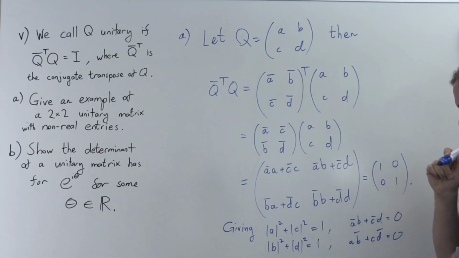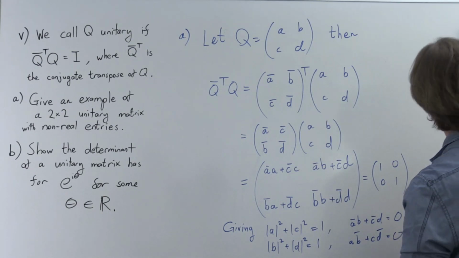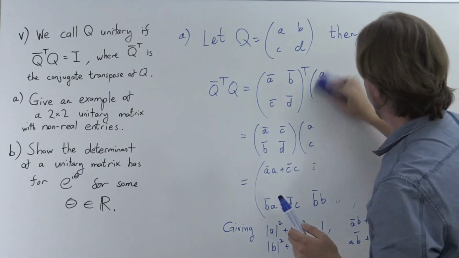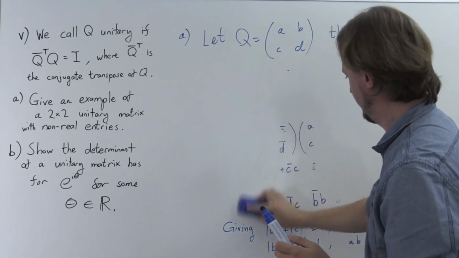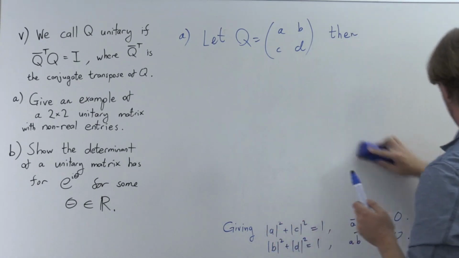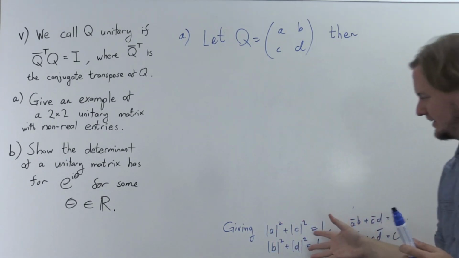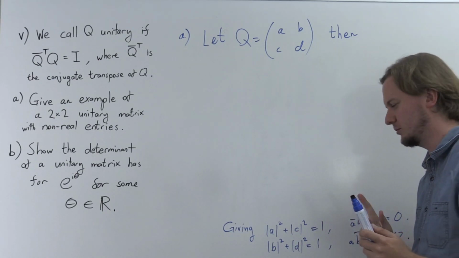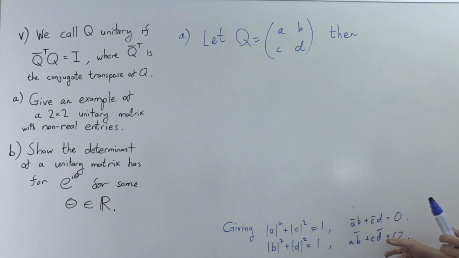So I need to satisfy all these conditions, and I need to make sure that I pick a few numbers which aren't just standard real numbers. Let's plot this out. So I just can't have both A and C being 0, but I could pick one of them to be 0 if I wanted, and that would make this condition a lot simpler.